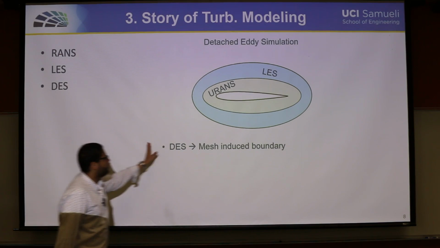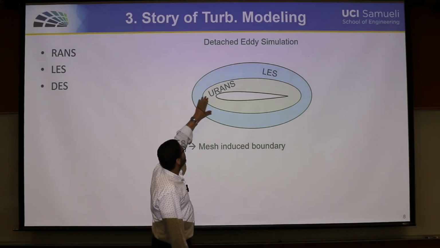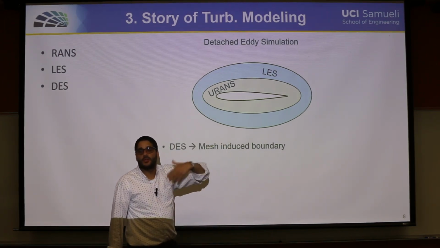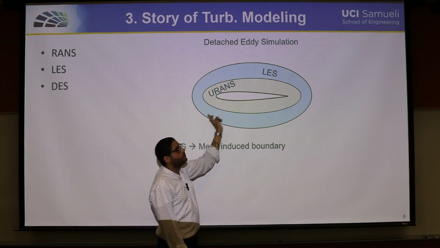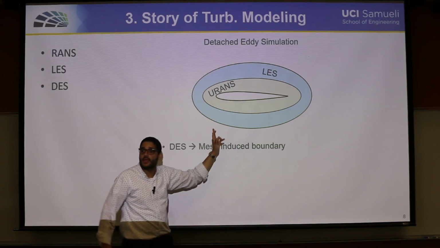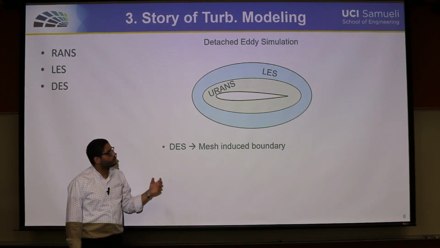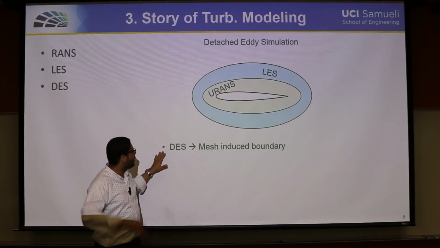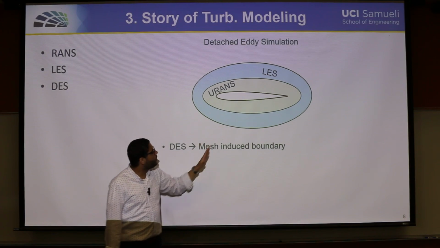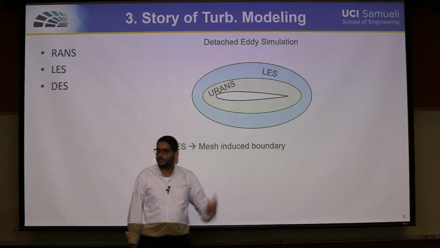In the detached eddy simulation, we need a way to set the boundary between the unsteady RANS and the LES. We need to select that. In the first one that was developed by Spalart and those other three guys, the DES boundary was induced by the mesh.